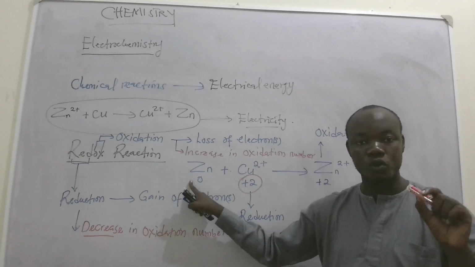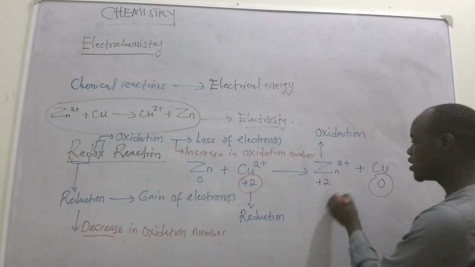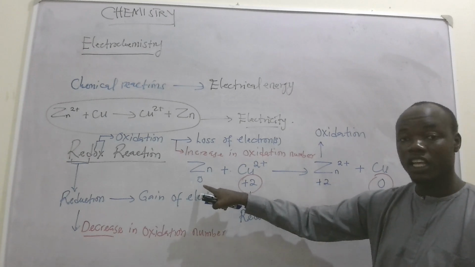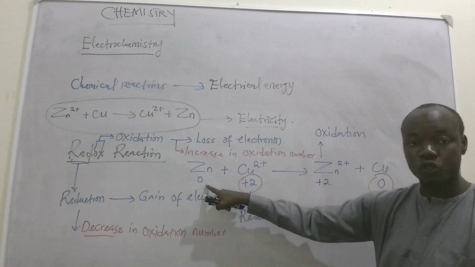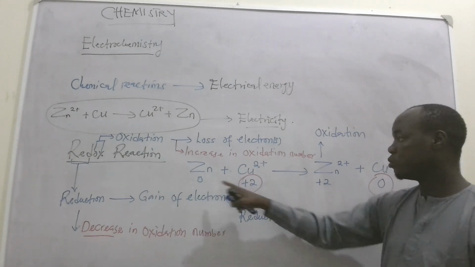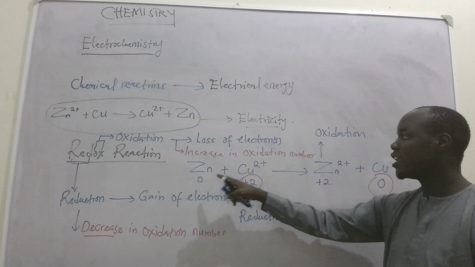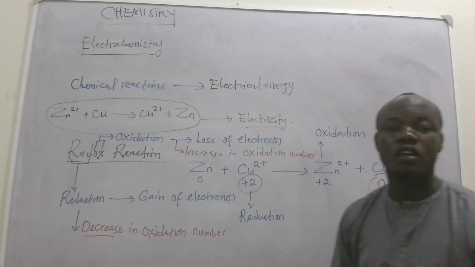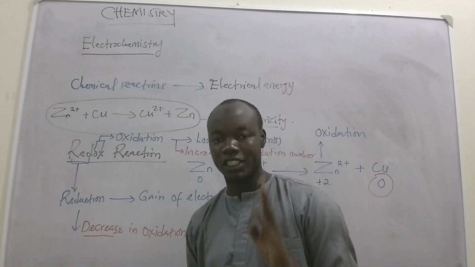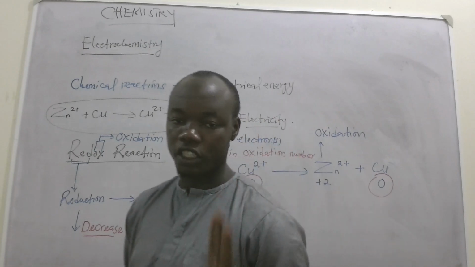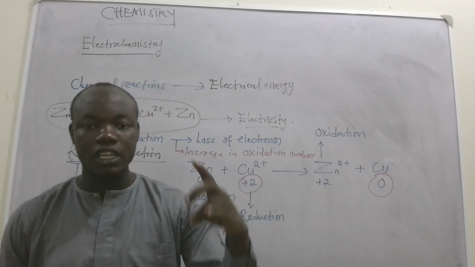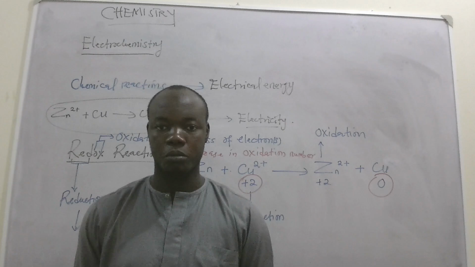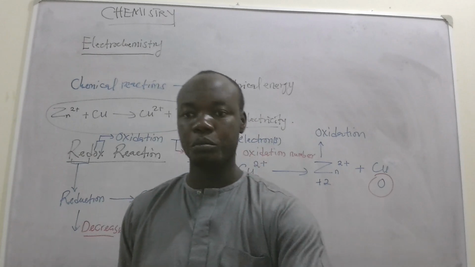Zinc here has 0 oxidation number, and then zinc here has +2 oxidation number. So the oxidation number increases from 0 to +2. This is also another way of defining oxidation and reduction: as an increase in oxidation number or a decrease in oxidation number.